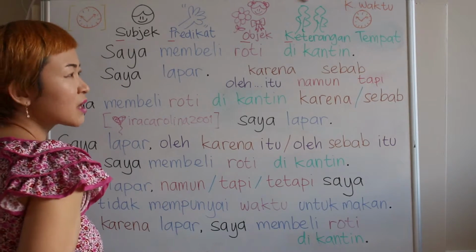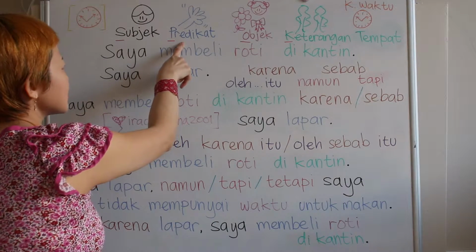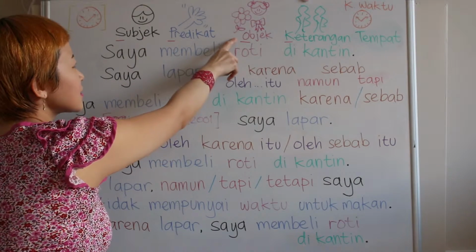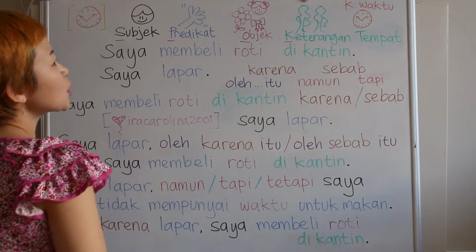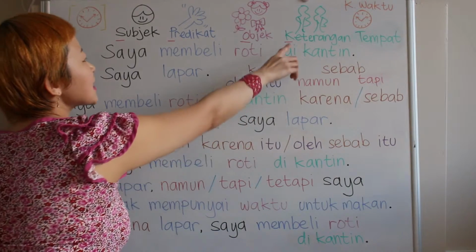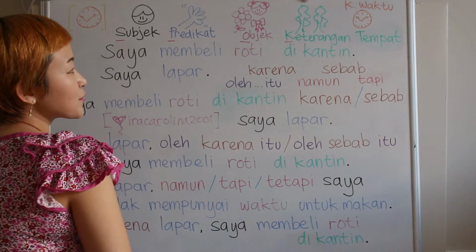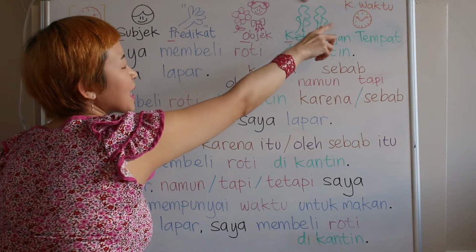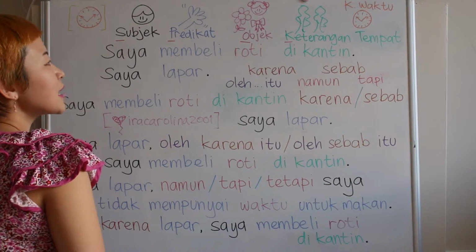Second one is predikat, this is the verb. And then object, which can be a human, one person, more than one person, animals, things, plants. And then keterangan tempat, place. After that, we put keterangan waktu. Capital K, waktu. Waktu is time, so we can call it a time signal.